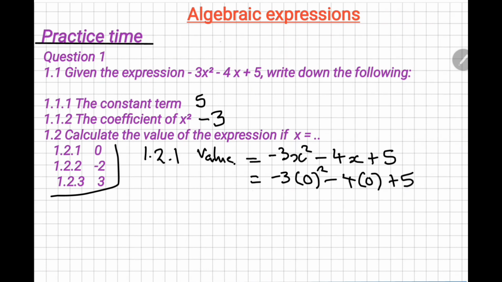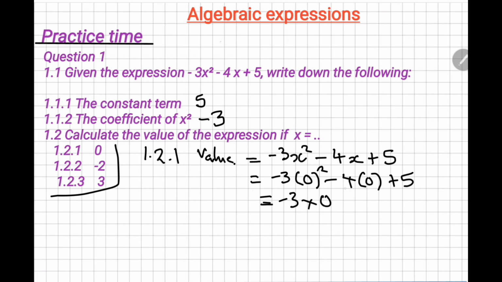Guys, we've spoken about the order of operations, BEDMAS. Start with the brackets, the exponents, and then you go on like that. So here we can see that there's a 0 squared. What's 0 squared? It becomes 0. So this is minus 3 times 0.